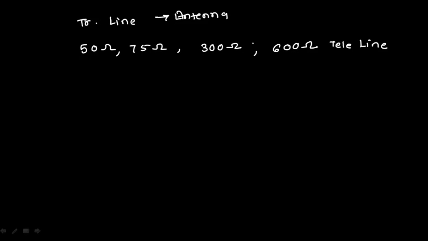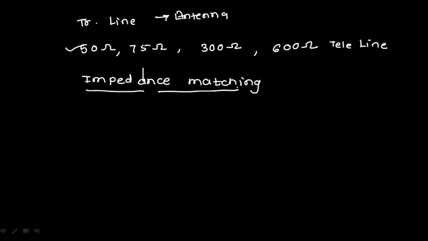Okay, so we need to take care of these impedances. There must be impedance matching if you are connecting your transmission line to the antenna to deliver complete power. So this is the concept which we are going to study in the later parts of this syllabus.